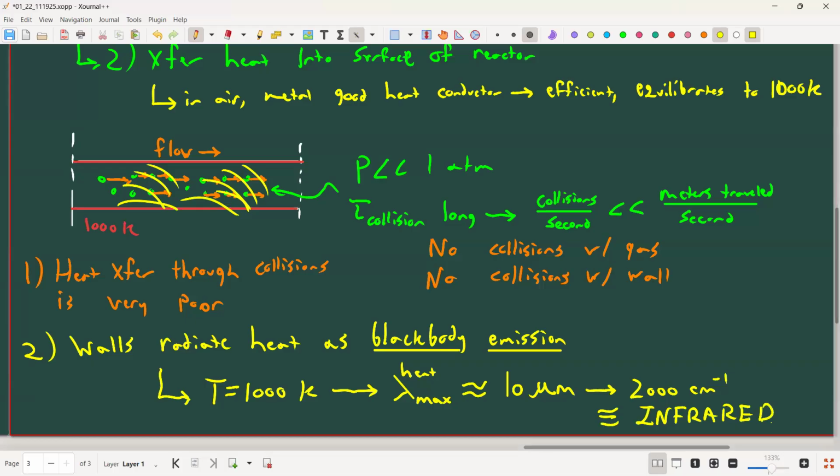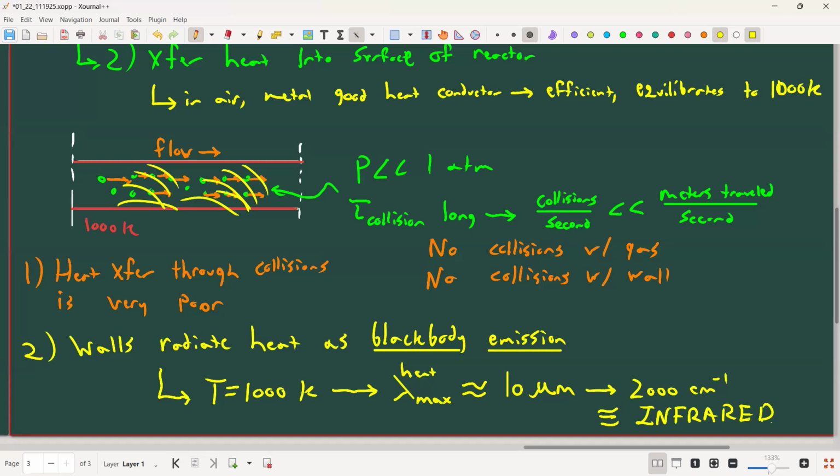Okay, so when these walls are 1,000 Kelvin, they're hot to the touch. But when you get heated from them just from the thermal radiation, the only thing that you largely experience is infrared radiation. And you guys probably remember from organic chemistry, again, we haven't done infrared spectroscopy yet, that's next semester, but you maybe remember taking an infrared spectrum in orgo, that excites vibrations in the molecules. CH stretches and CC bends and things like that. It doesn't blow molecules apart, it just makes the bonds wiggle.